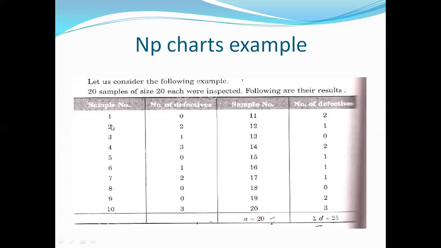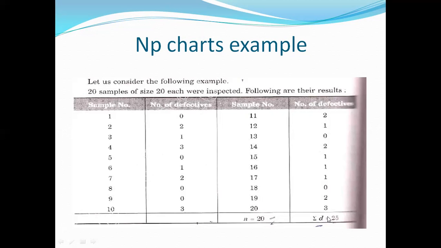Similarly, for sample number 2, 20 pieces were inspected, and 2 pieces were found to be defective. Similarly up to 20 samples of size 20 each, you will find the defects corresponding to the sample numbers.